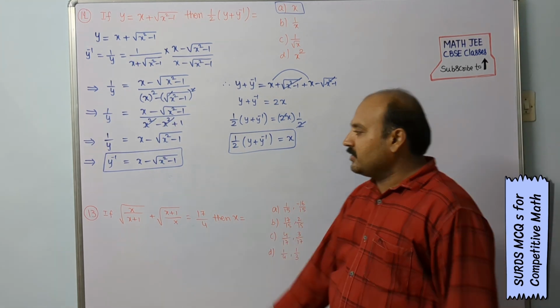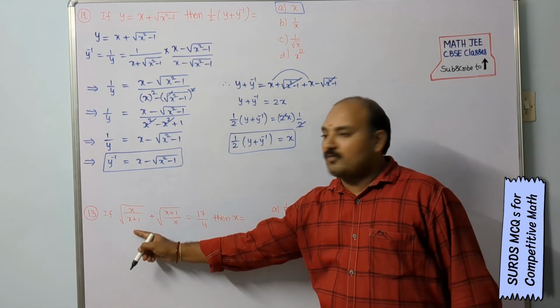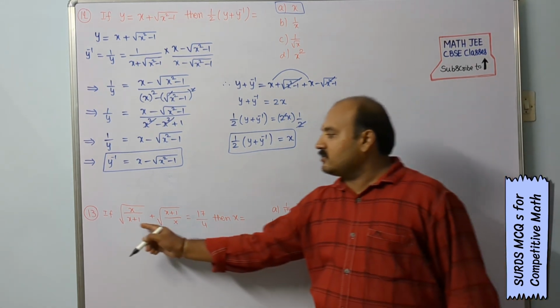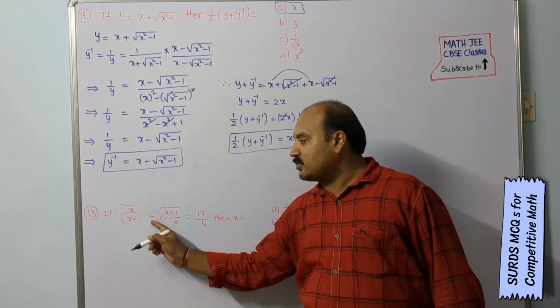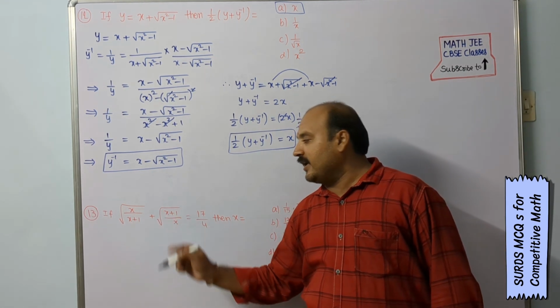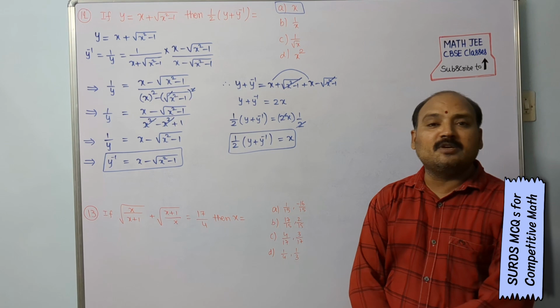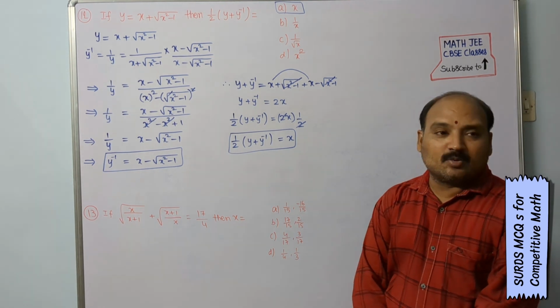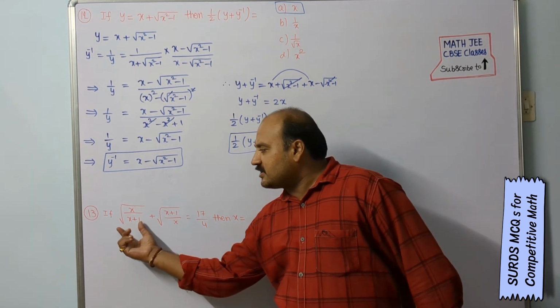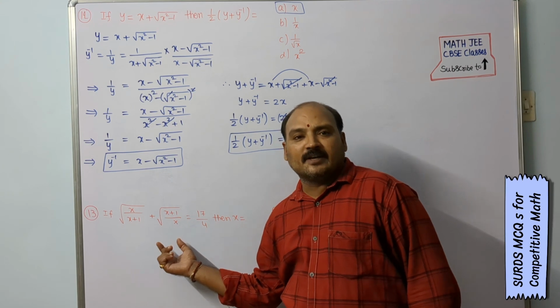Now come to the question. If square root of x by x plus 1 plus root of x plus 1 by x equal to 17 by 4, then x equal to. We observe that the first term is the reciprocal of the second term.